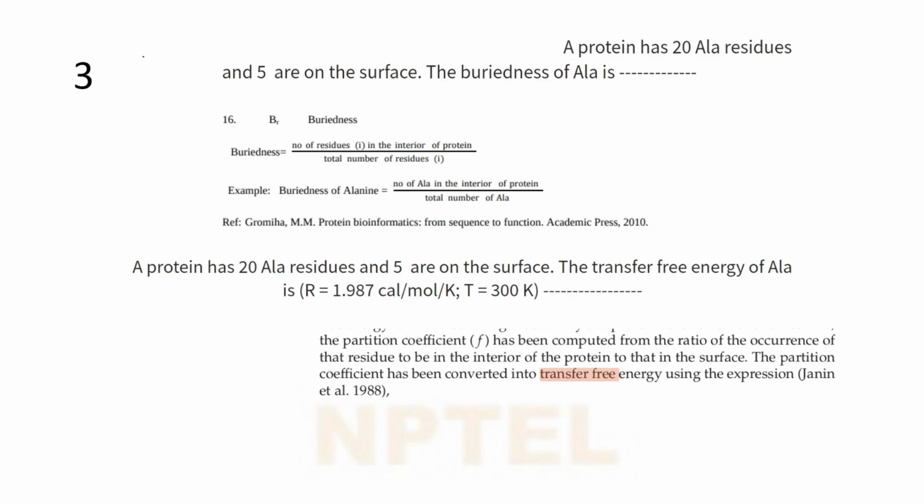So this concept of transfer free energy has been introduced based on buriedness. In a recent study, we also proved that transfer free energy is crucial in predicting the stability value of a membrane protein, particularly an alpha helical membrane protein. Using transfer free energy values, we can calculate its stability. Stability is nothing but the folding free energy difference between the folded and unfolded state.